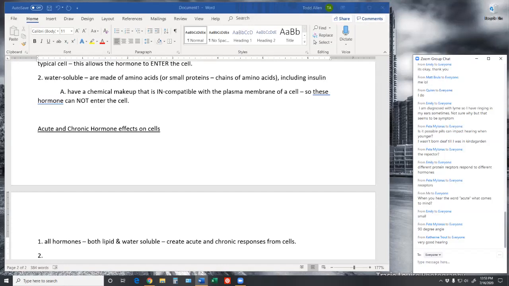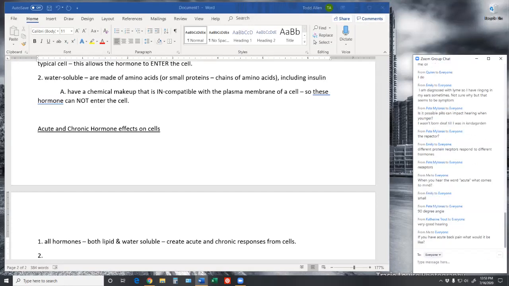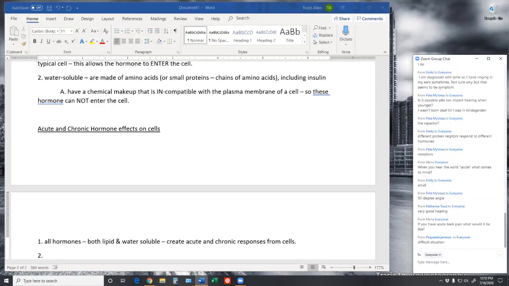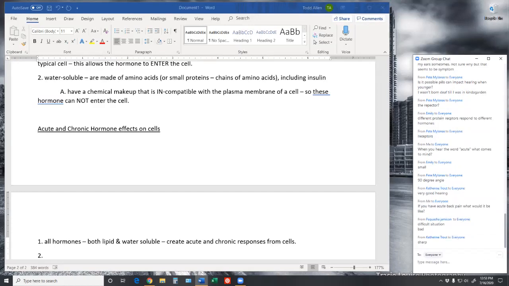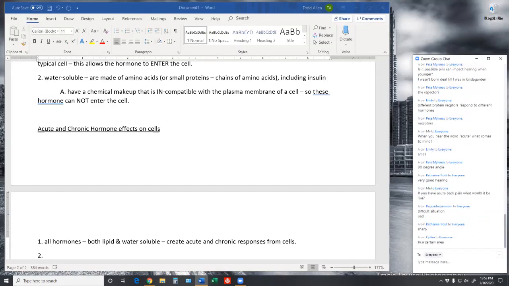So let me put it to you this way, okay? Another question coming through the chat window. If you had acute back pain, what would it be like? Okay, it would be bad, it would be sharp, okay? A certain area, fair enough.